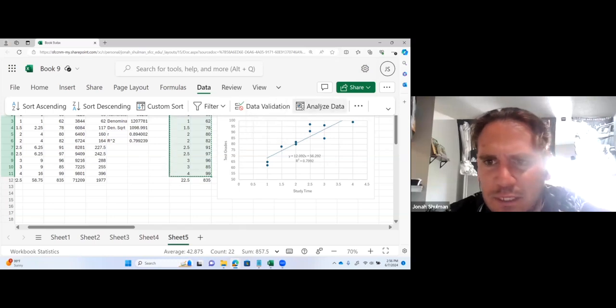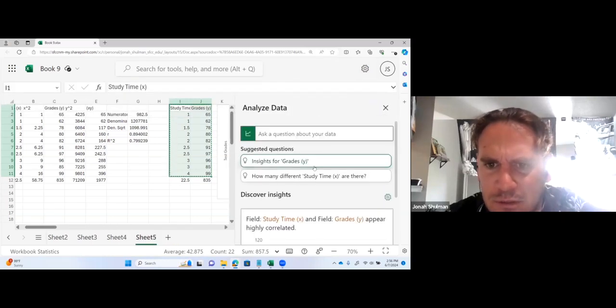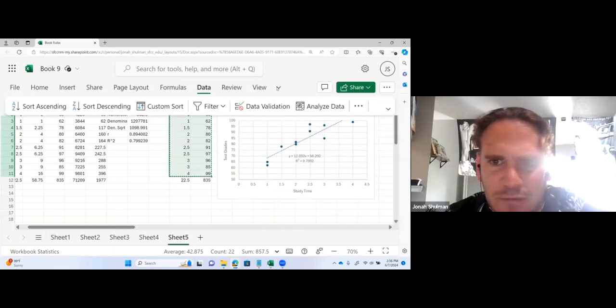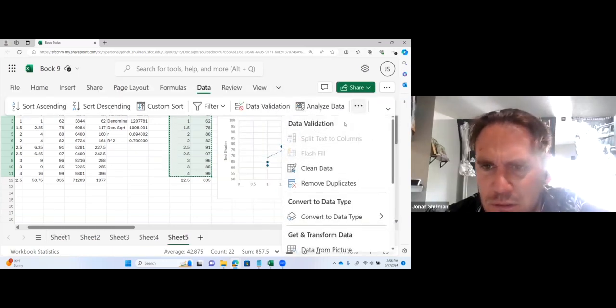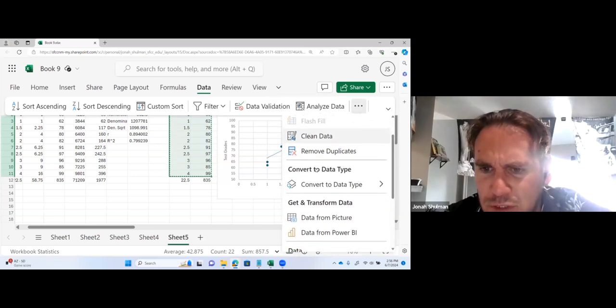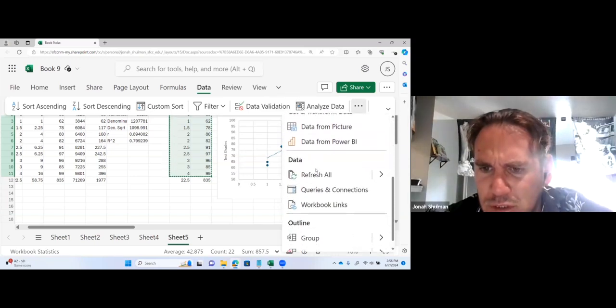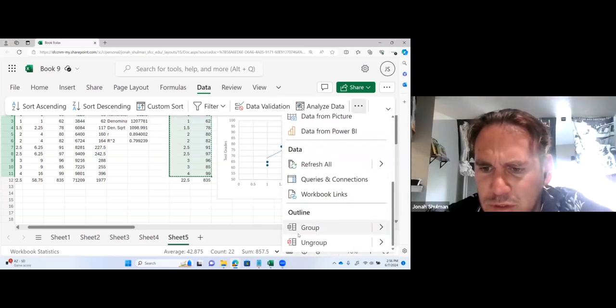So we need data and we need an analyze data button, but it's just giving me this weird chart thing instead of giving me the options because I haven't uploaded this one. Queries group. Okay.